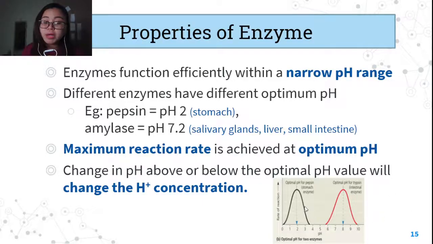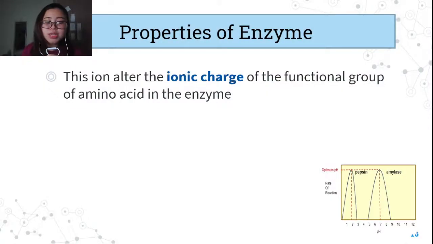If the pH is becoming higher, becoming more basic, then that means you will have decreased hydrogen ion concentration. Why does the hydrogen ion concentration matter? It's because this ion will alter the ionic charge of the functional group of amino acid in the enzyme.